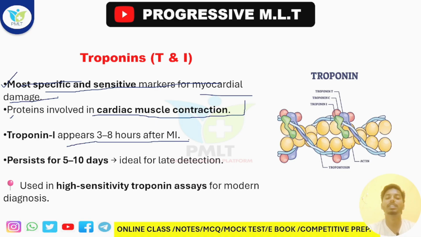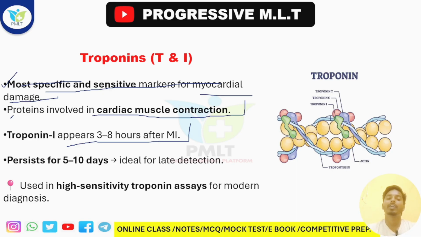Troponin I basically appears 3 to 8 hours after the myocardial infarction happens. Second, it persists 5 to 10 days. Whenever this troponin I is elevated, it stays in a completely elevated state for 5 to 10 days.